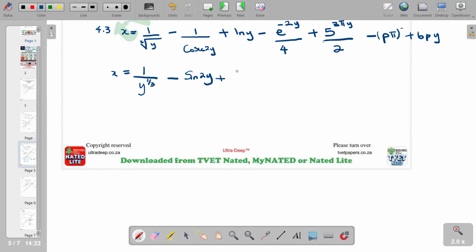Then plus ln y, it can be differentiated as it is. Then we take minus e to the power negative 2y over 4. That one can be differentiated. Then plus 5 to the power 3 pi y over 2.